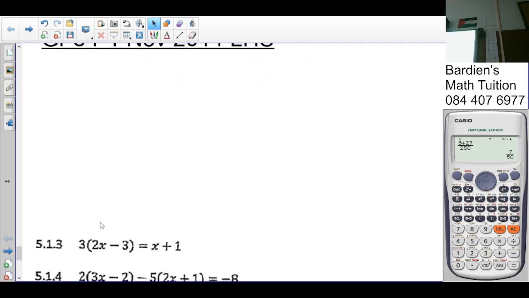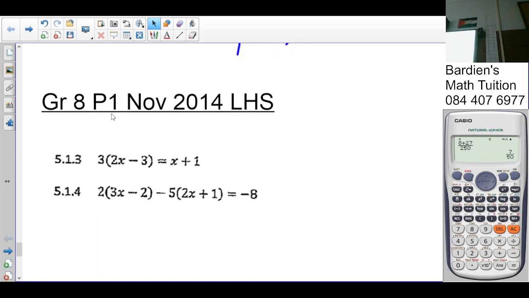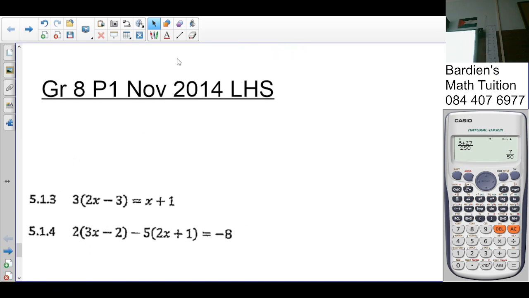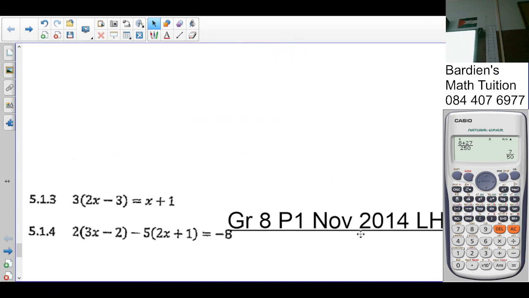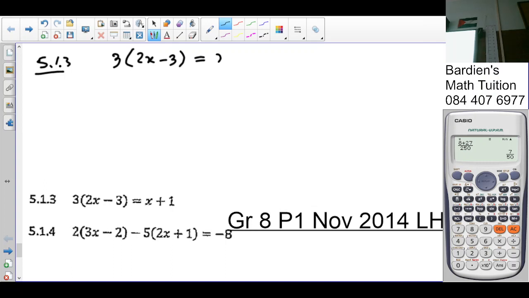Next. What do we have to do here first? 5.1.3. Get rid of the brackets, he says. So it's 3 into 2x minus 3 is x plus 1. So we must multiply, get rid of the brackets.